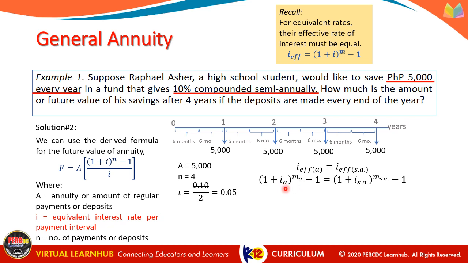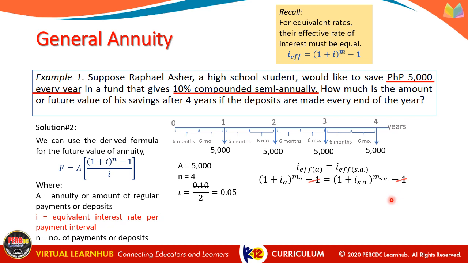We have the subscript A to indicate that it's for annual computation. And on the right side, we have 1 plus i raised to m, minus 1. We have the subscript SA to indicate that it is for semi-annual compounding. We can actually cancel out the minus 1 on the left side and the minus 1 on the right side.